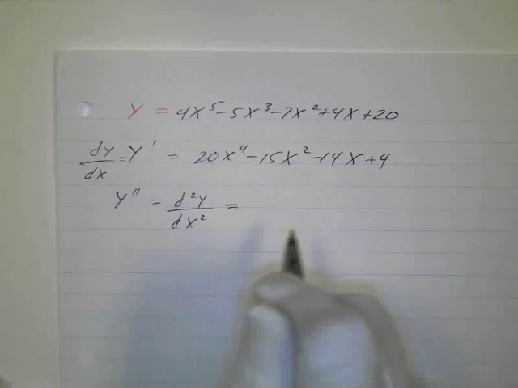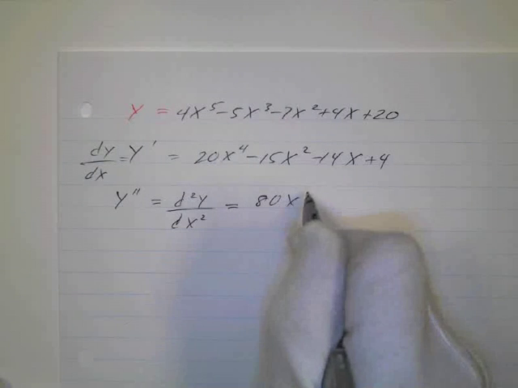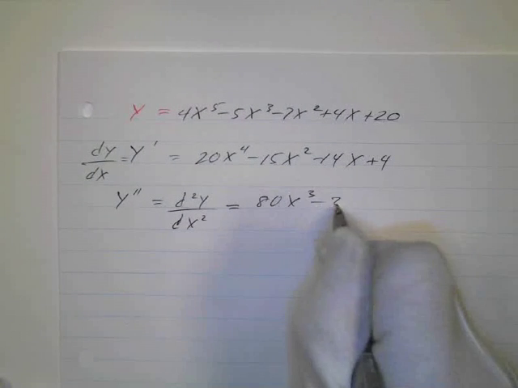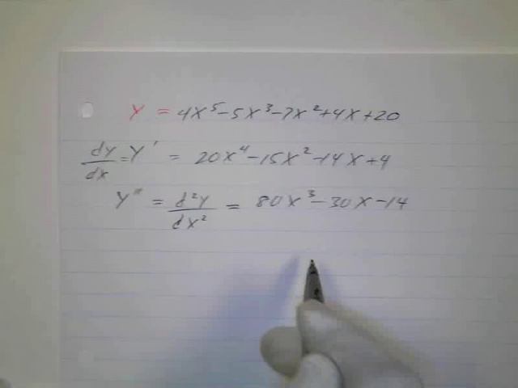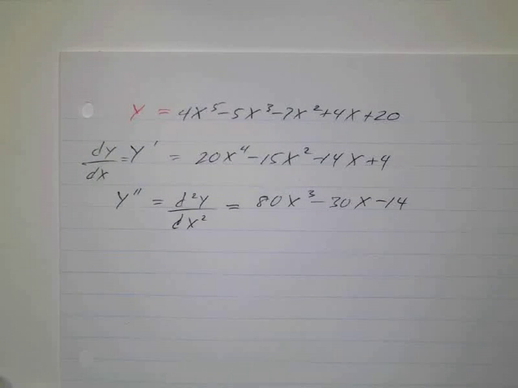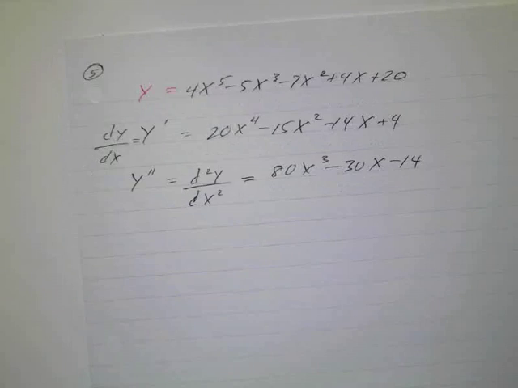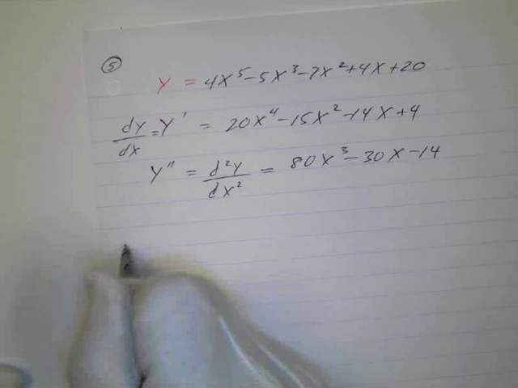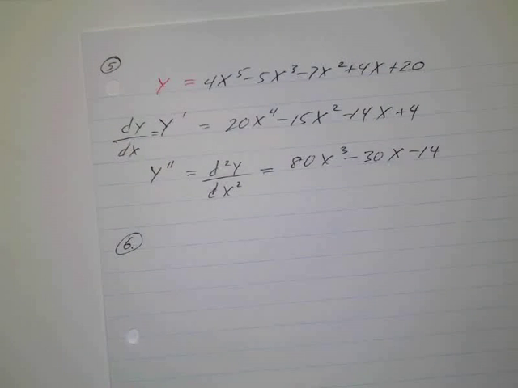And that's going to be 4 times 20 is 80x to the 3rd minus 30x minus 14. Okay? So that's what we have there. So that was number 5, because the first 4 were those other ones. Okay, and then number 6, we have these numerical derivatives, and we had our values.